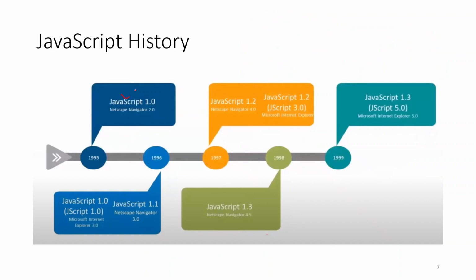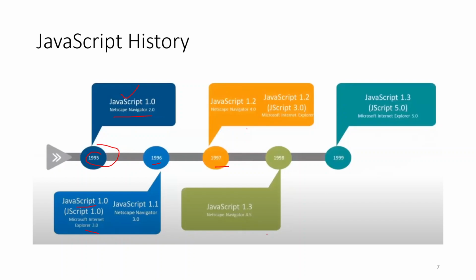Next, JavaScript history. JavaScript 1.0 was created in 1995, and at that time the Netscape Navigator 2.0 browser was there. JavaScript 1.0 was supported by that browser. Later in 1996, JavaScript 1.0, or we can say JScript 1.0, was also supported in Internet Explorer 3.0.